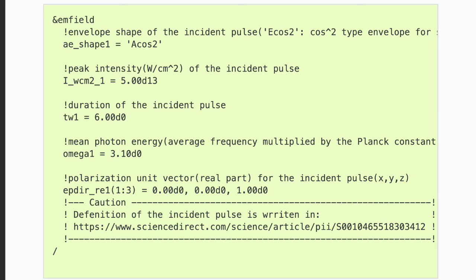Furthermore, it is specified that the envelope is cosine square. I_wcm2_1 equals 5.00d13 specifies that the strength of the applied electromagnetic field is 5 times 10 to 13 watt per square centimeter.